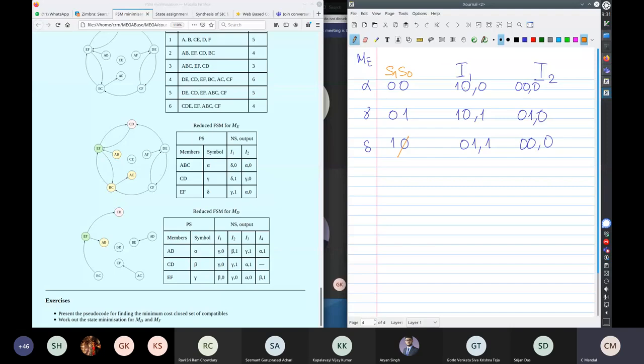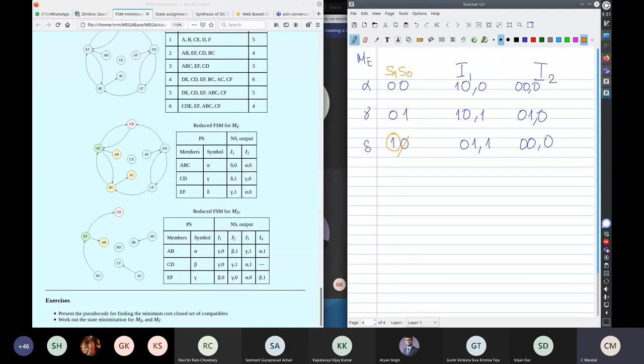This is S1 and S0. All I need to focus on, because both are 0 here, I only need to focus on this. So if you see that, I really don't need to bother about S0 when S1 is 1.